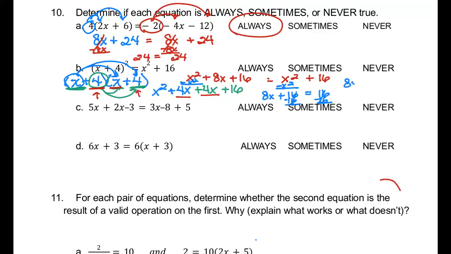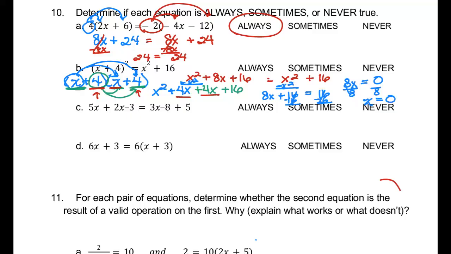I have 8x is equal to 0. Solve for x. Divide by 8. X is equal to 0. So is that an always, a sometimes, or a never?